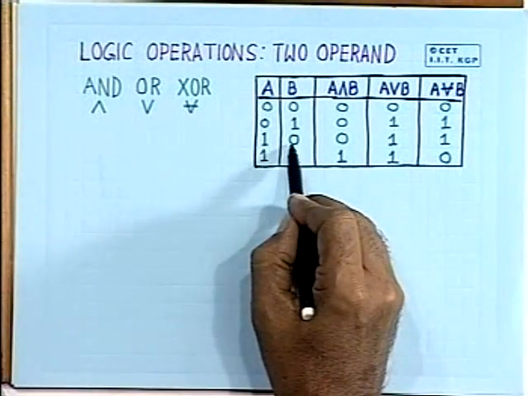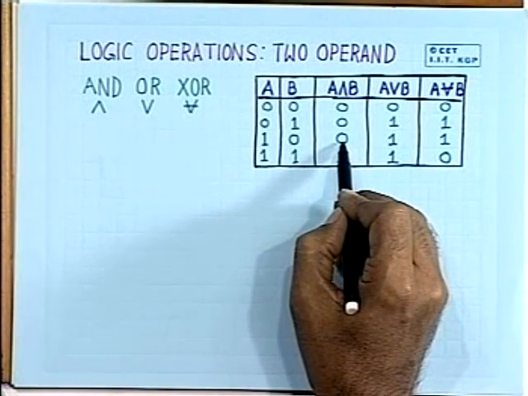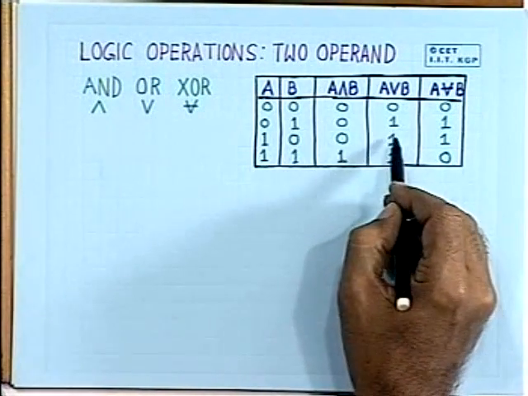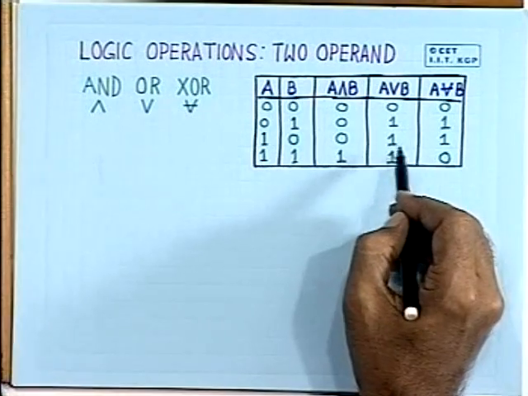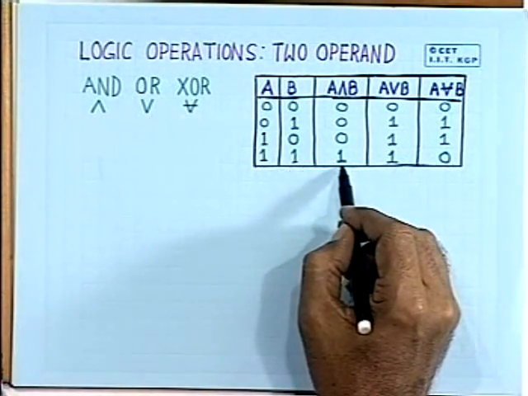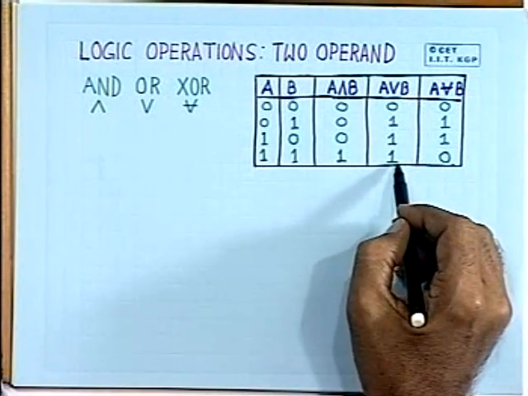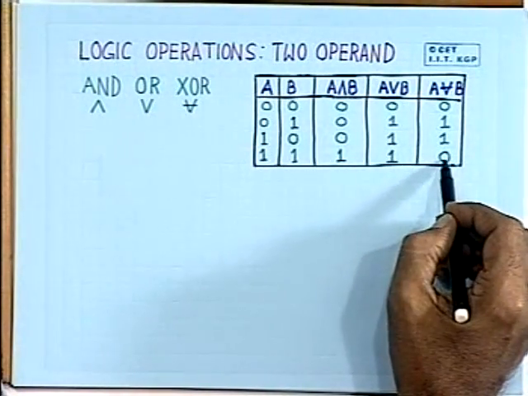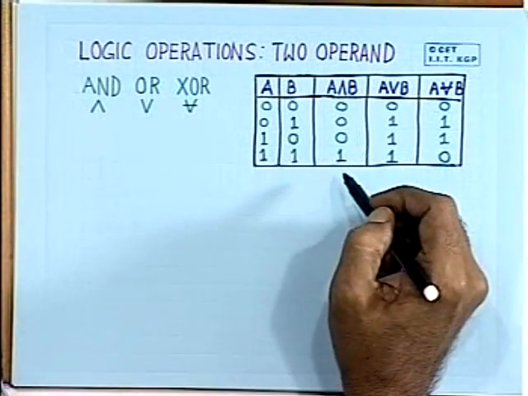Similarly, for 1 0, the corresponding bit for AND will be 0, for OR it will be 1, for exclusive OR it will be 1. Similarly, for 1 1, for AND it is 1, for OR it is 1, and for exclusive OR it is 0.